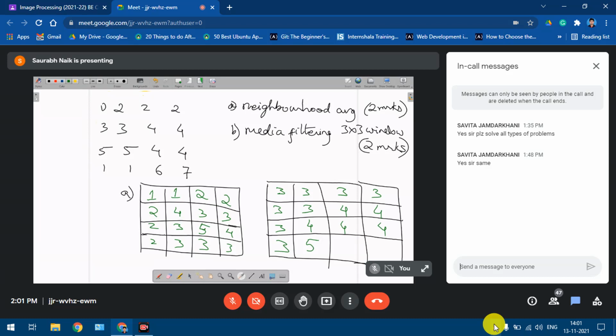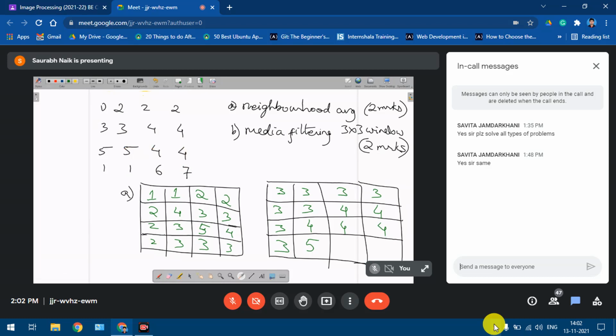Then we have the calculation pixel, that is 3 comma 2. I have the pixels in the sorted list as 1, 4, 4, 5, 6, 7. With 6 pixels, the median will be the third and the fourth value. So this is the first, second, third, and fourth, that is 4 and 5.